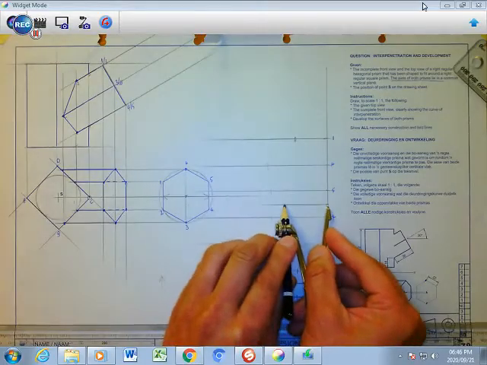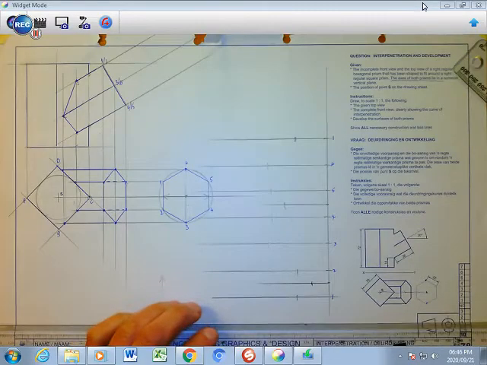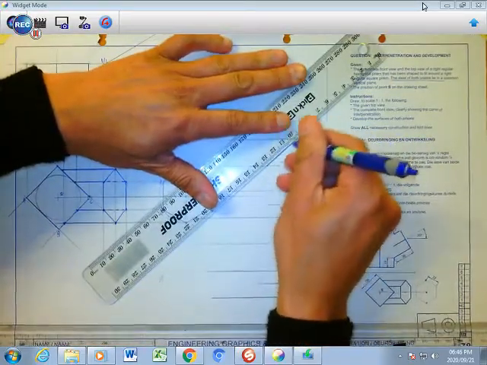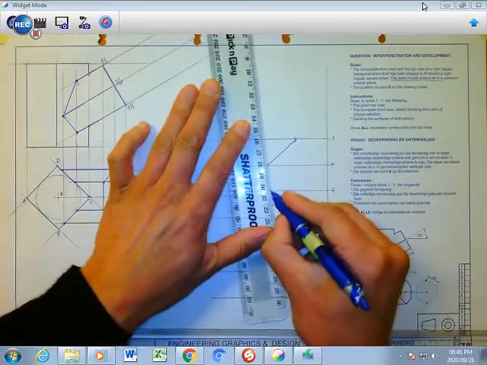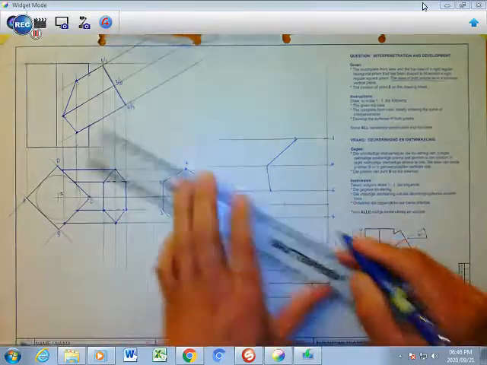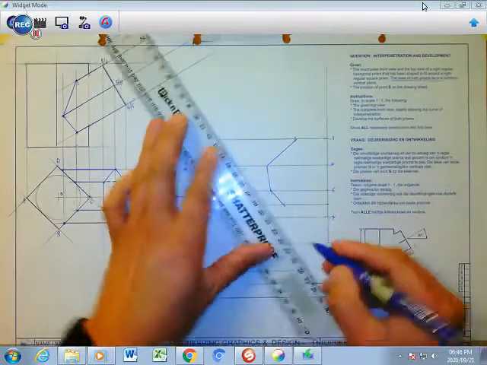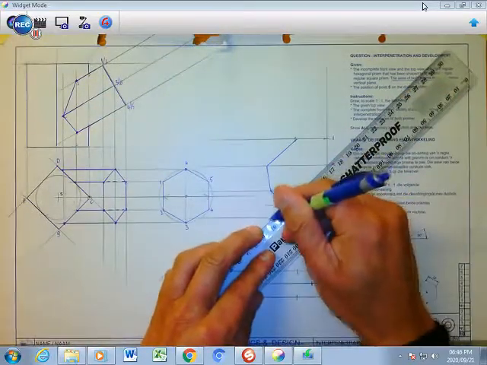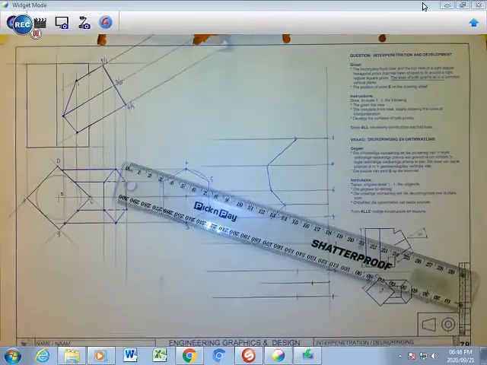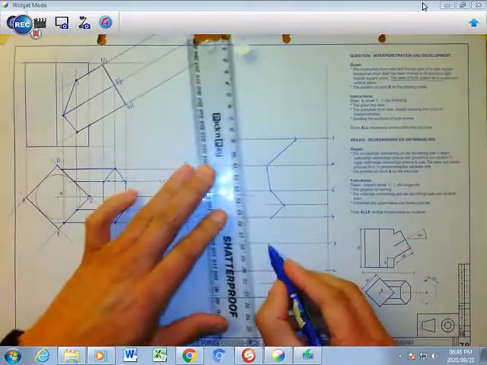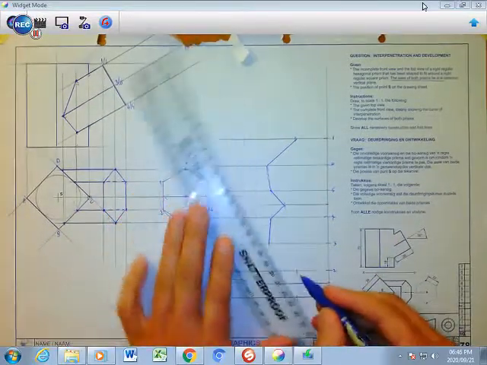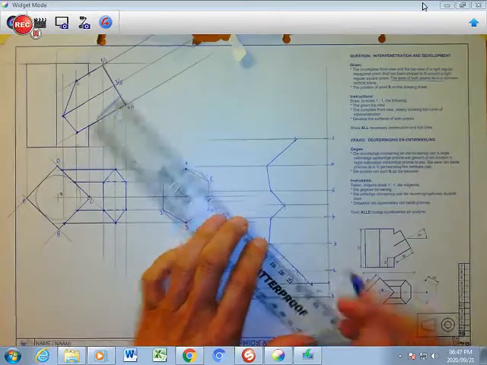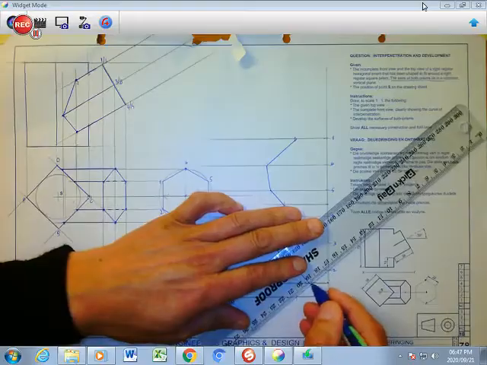Alright, here we go. And now that you have all of that, it's easy for you just to connect the points like that, that, down. I'll take this D-square out of the way and connect all my points like I have it here. Very quickly.